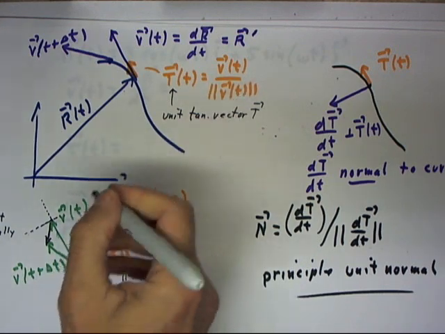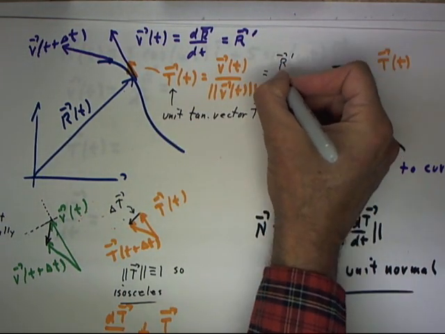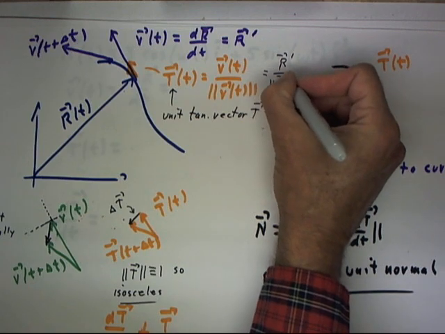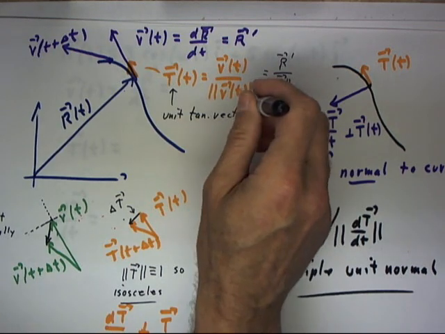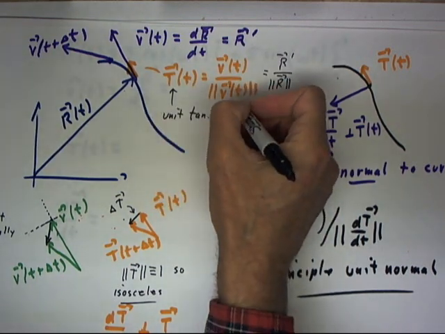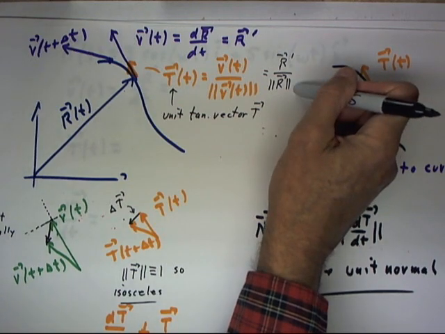If we want to do this in general terms without the velocity interpretation, that is without interpreting t as a time, then in general that's just r prime over the magnitude of r prime.